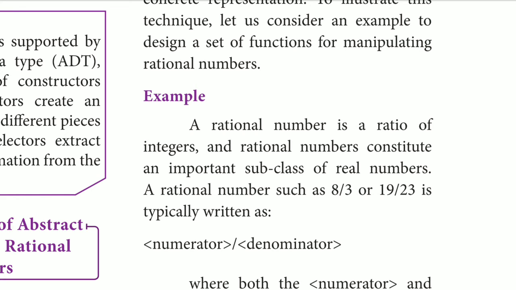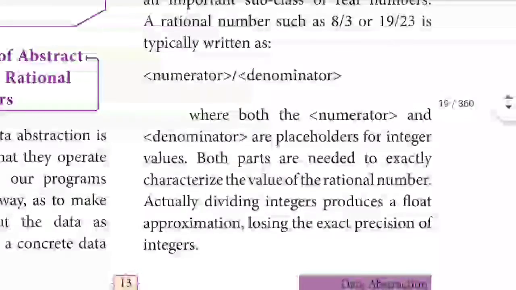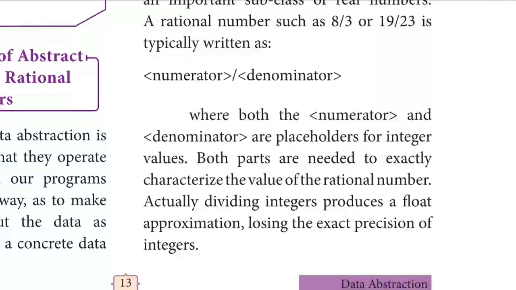A number such as 8 divided by 3 or 19 divided by 23 is typically written as numerator slash denominator. Here the numerator is 8 and the denominator is 3. Both the numerator and denominator are placeholders of integer values, so both parts are needed in a structure to characterize the value of a rational number.